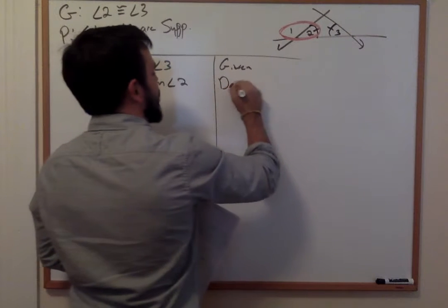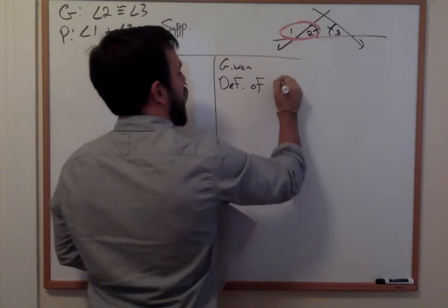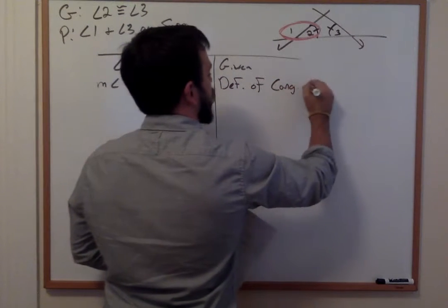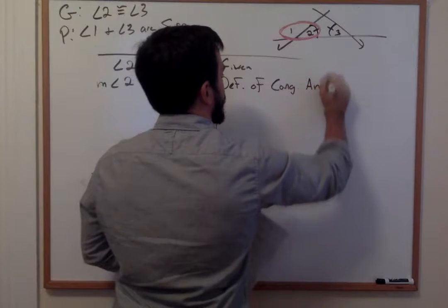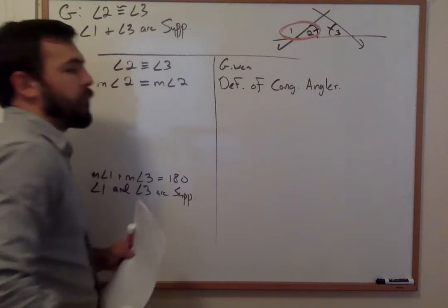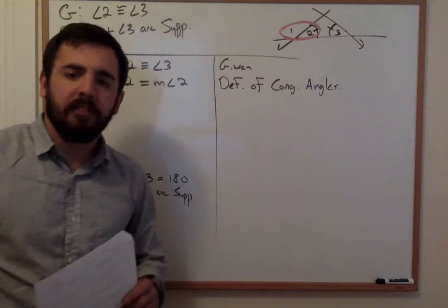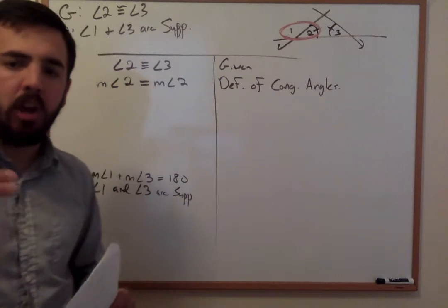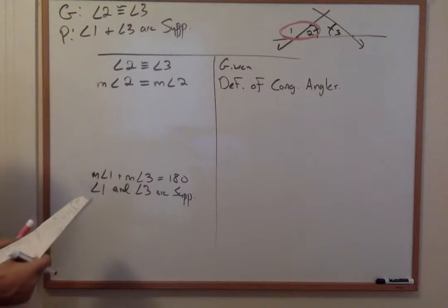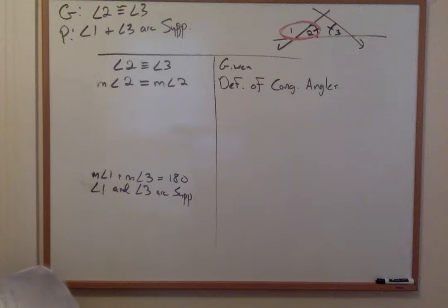And that is the definition of congruent angles. Two angles are congruent if and only if their measures are equal. All right, so we have that down, okay?